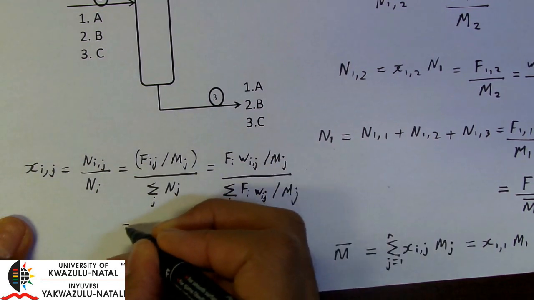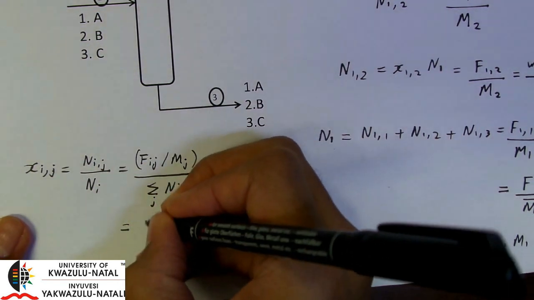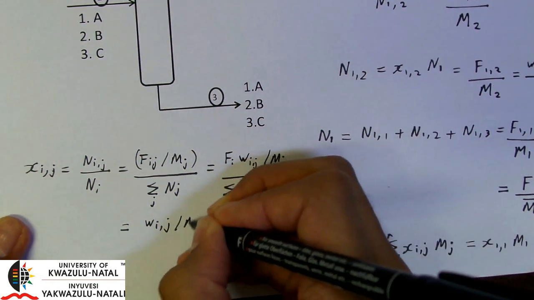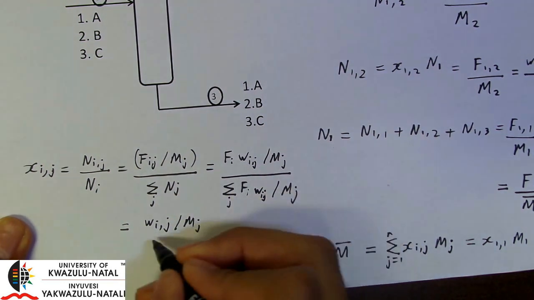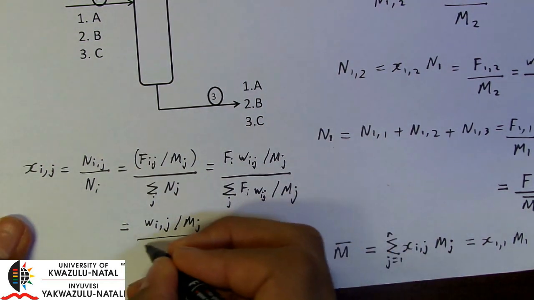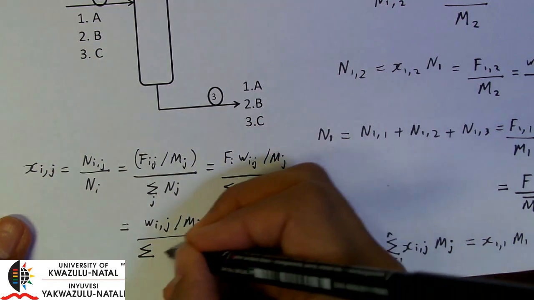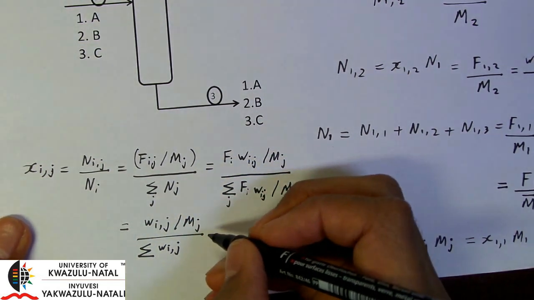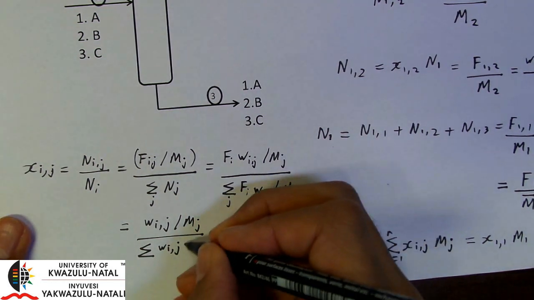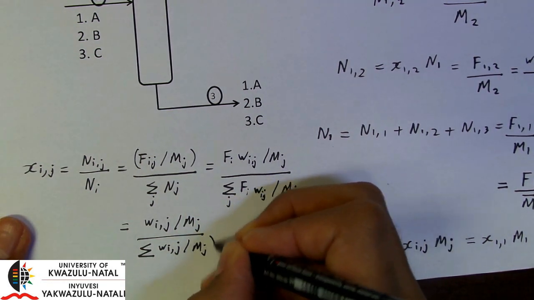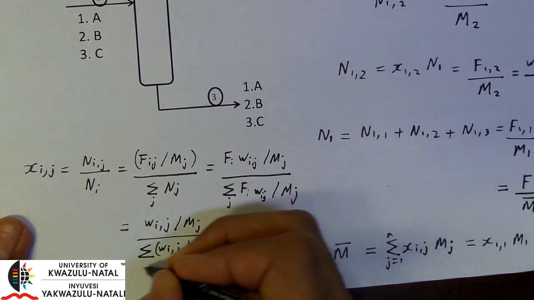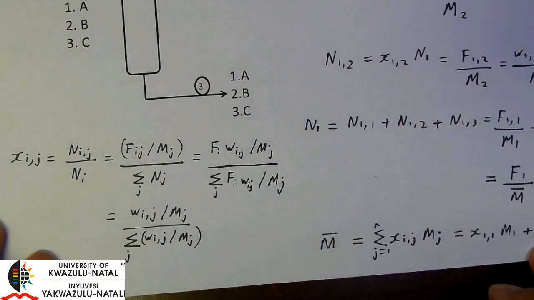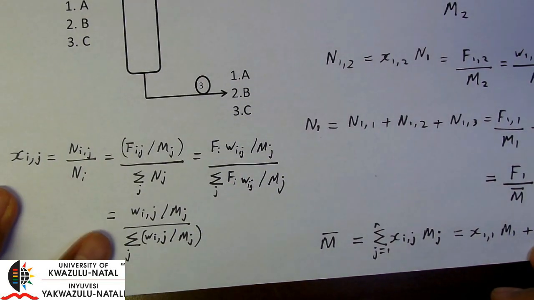And we can also express this simply as Wij over Mj, well, that's your molar mass, over the following summation. And these are the different relationships between our mole fraction and our mass fraction.